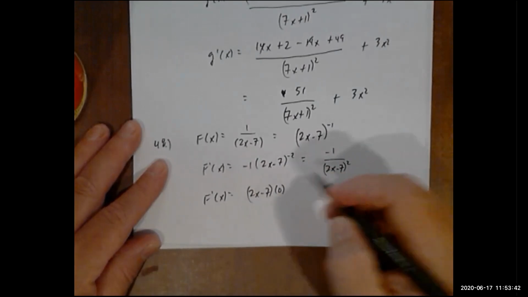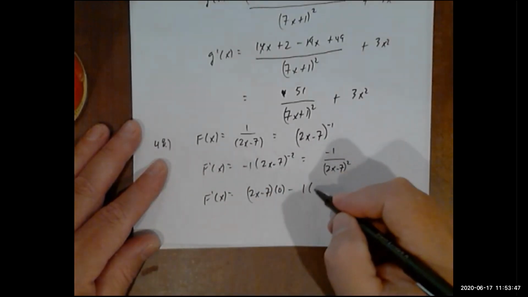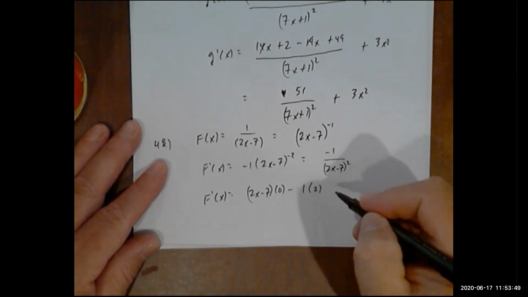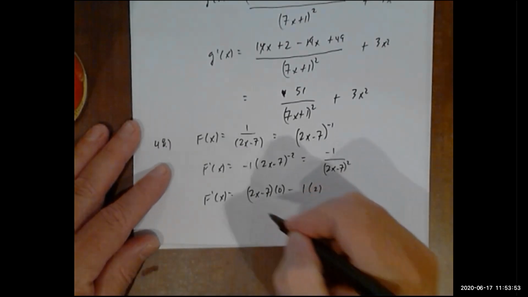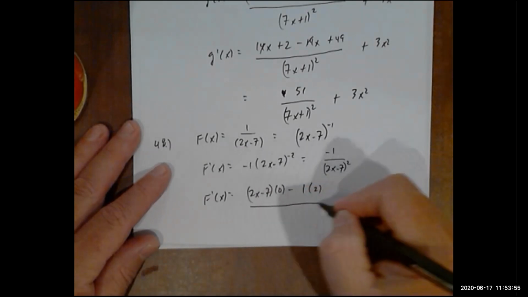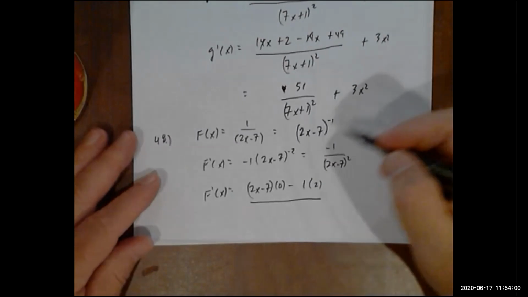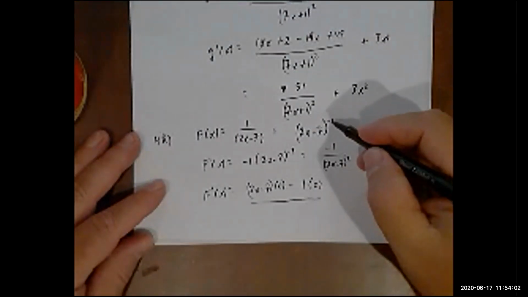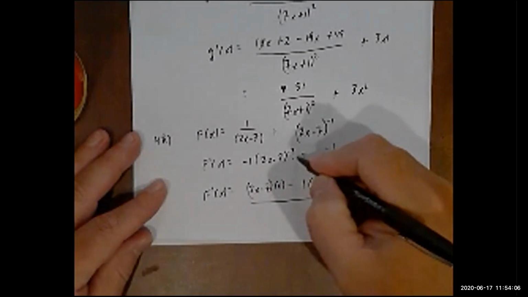It's 0. Minus high d low. Now I'm stopping because it looks like I may get it. Oh, I didn't do the chain rule correctly. I did the outside, I forgot the inside.